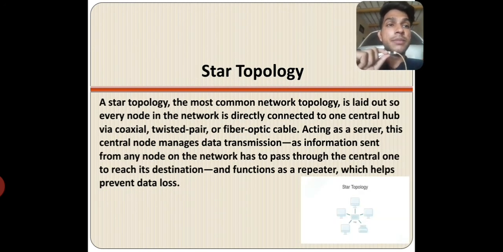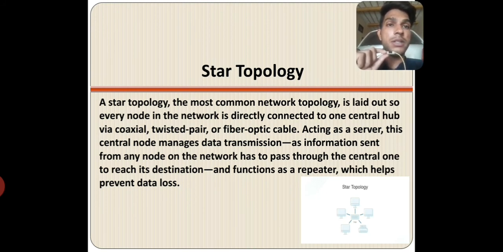So first one is star topology. You can see in the diagram how the network is arranged in star topology. A star topology, the most common network topology, is laid out so every node in the network is directly connected to one central hub through coaxial, twisted pair or fiber optic cable.